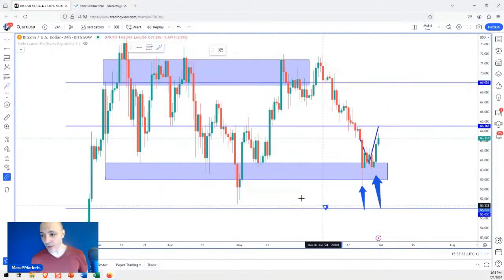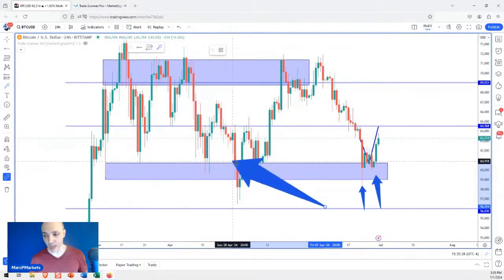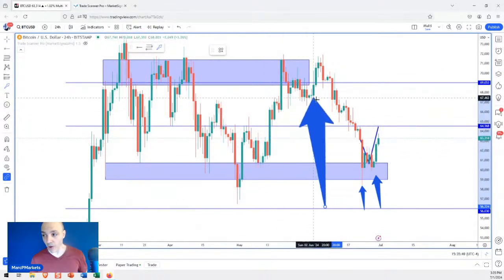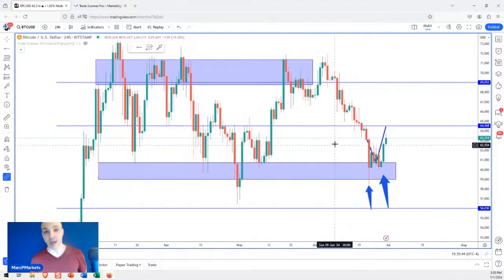And all throughout this consolidation since the peak in March, there have been numerous opportunities, both long and short. But those opportunities are going to exist on smaller time frames. It could be 5-minute charts, it could be 15, it could be 30. It's going to depend on the time frame that you're most interested in. But the point is, there are numerous opportunities, and you do not need to feel like you're ever missing out.